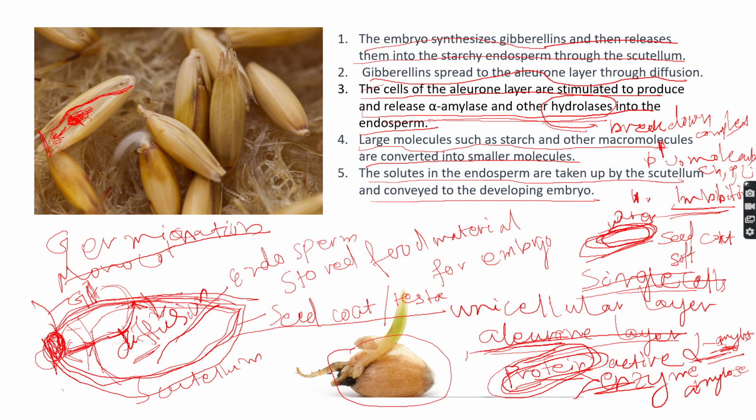The embryo will now utilize the simpler food material, and through respiration it will produce ATP, which will be helpful for growth and development of your root and shoot. And this is how the seed will germinate with the help of your gibberellic acid.